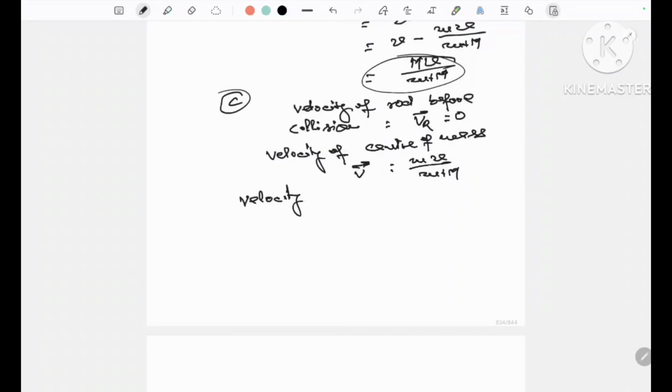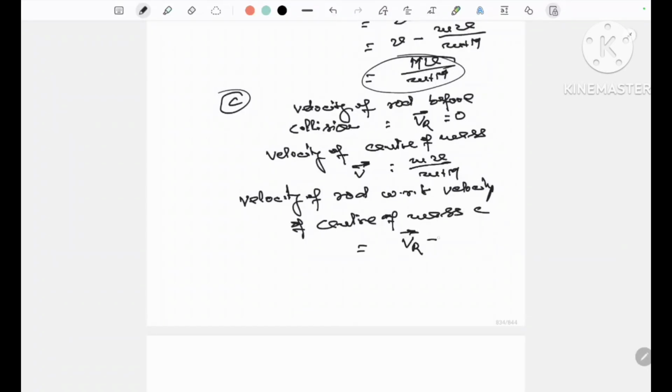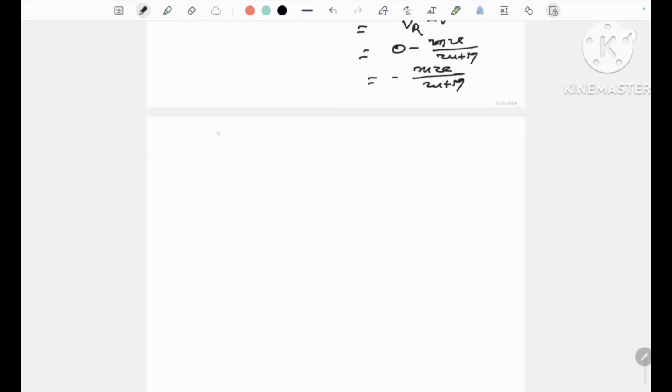Velocity of rod with respect to velocity of center of mass C will be Vr vector minus V vector, 0 minus mv by m plus m, which is minus mv upon m plus m.